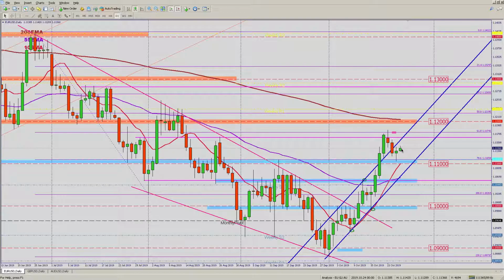It could try to recover somewhat, but now it has fallen back into the bullish channel where it broke out from. So there could be some consolidation before it falls back lower towards the 111 again, and we'll see if this support zone will continue to hold.